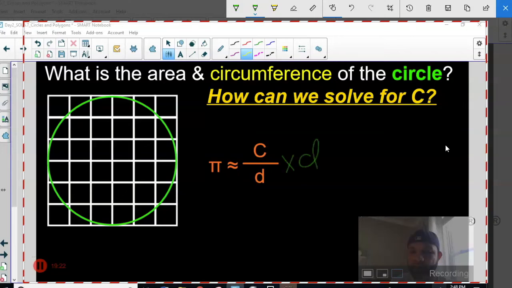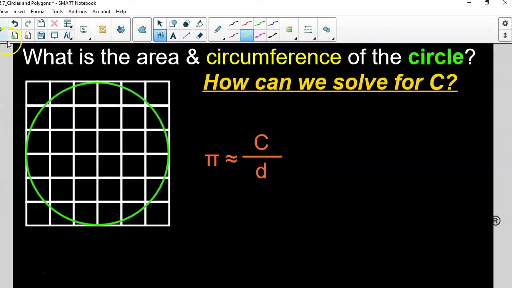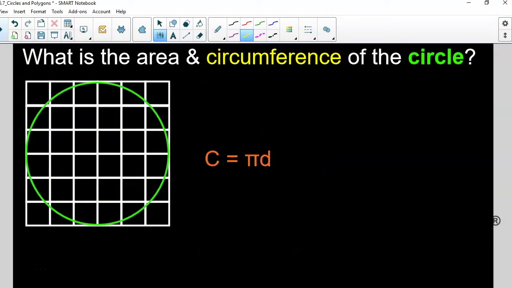I'm going to multiply both sides by the diameter, because the C was being divided by the diameter. And what we do to one side, we've got to do to the other. So what we see is the circumference is equal to the diameter times pi, classically known as pi times the diameter. So that's what circumference is. Circumference is pi times the diameter. And there you have it.